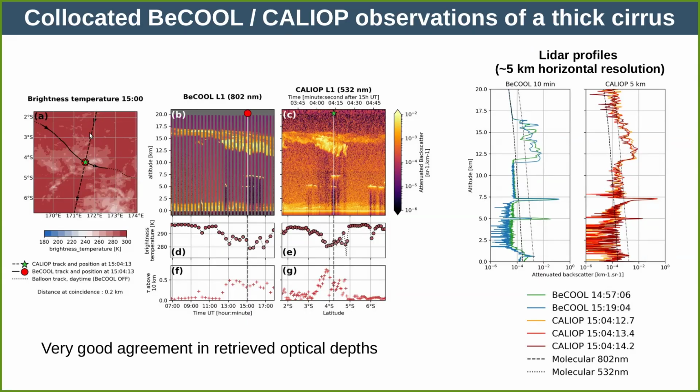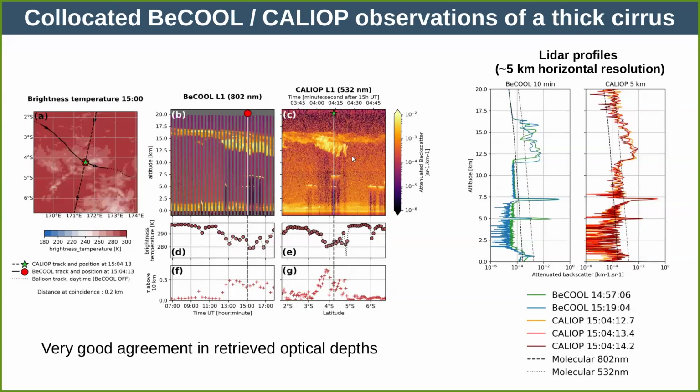The LiDAR curtain along this dashed line is displayed on the right, and it's only 1 minute of observation. So we see that at coincidence, which is this white line here, both instruments are looking at the very exact same scene, with a thin cirrus on top of 2 mid-layer clouds.